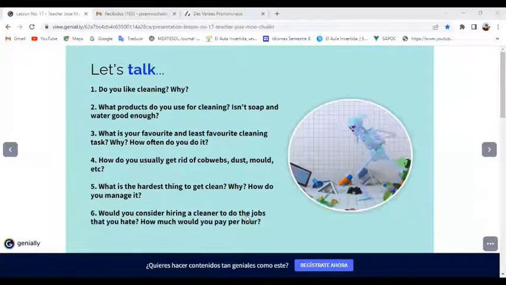So you use these two products, a broom and soap. Okay. Do you use any other products besides these two? Maybe towels for cleaning. Okay, can you repeat, please? Towels for cleaning, or toallas para limpiar o trapos. Towels, okay. Okay, thank you, Benjamin.